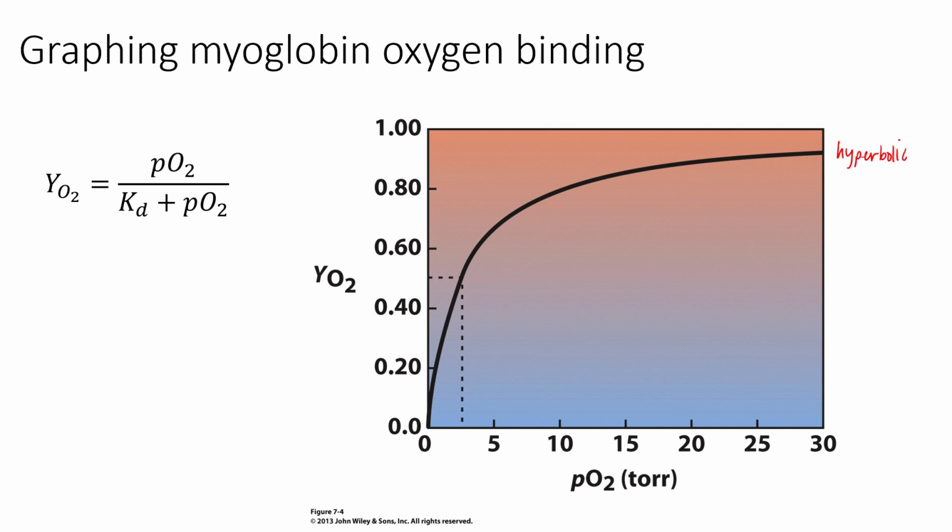An interesting point pointed out on this curve is at our halfway point of saturation, which is 0.5 on the y-axis out of 1. So that's 50% saturation. And if we drop down a vertical line there to the partial pressure of oxygen, we are somewhere around 2.8. And that is actually equivalent to the KD.